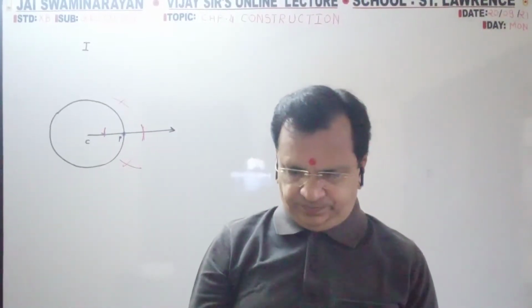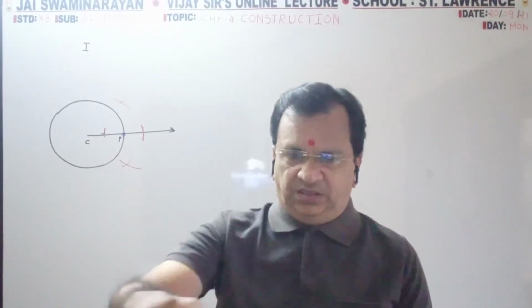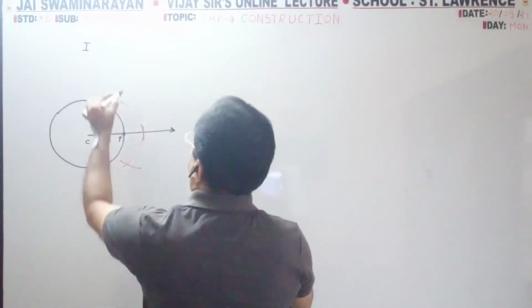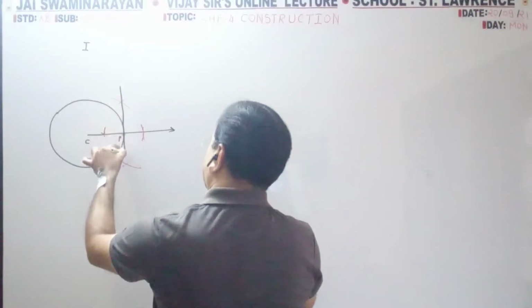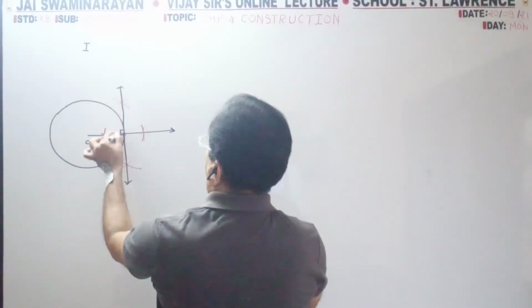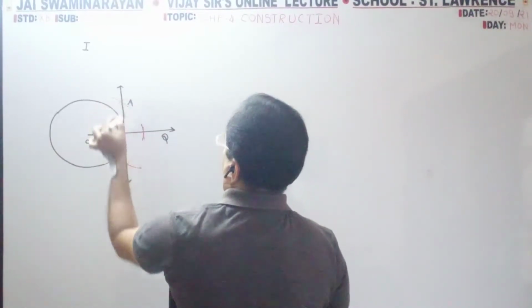So you will get 2 points, and those 2 points you have to join with each other, and this is the perpendicular PQ. These can be A and B.